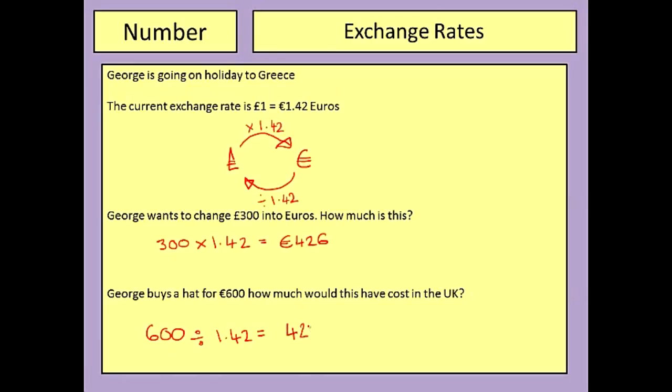What I actually get is 422.5352, and then a few numbers after that. Because we're dealing with money, I'm only ever interested in these two decimal places. Again, be careful because the 3 will round up to a 4. So the price of this in the UK is £422.54. George has bought a really expensive hat.